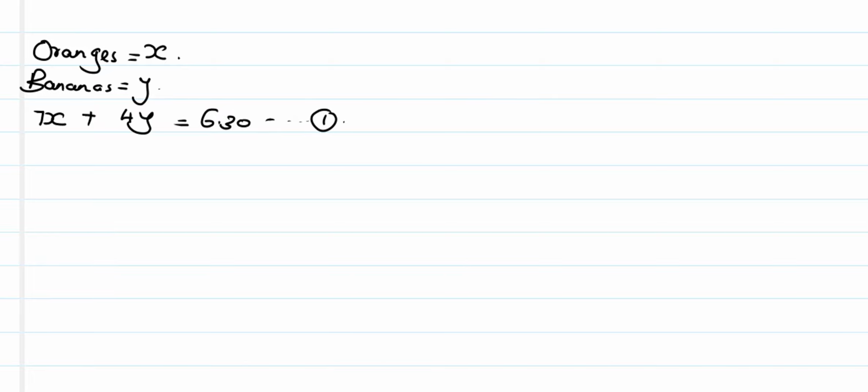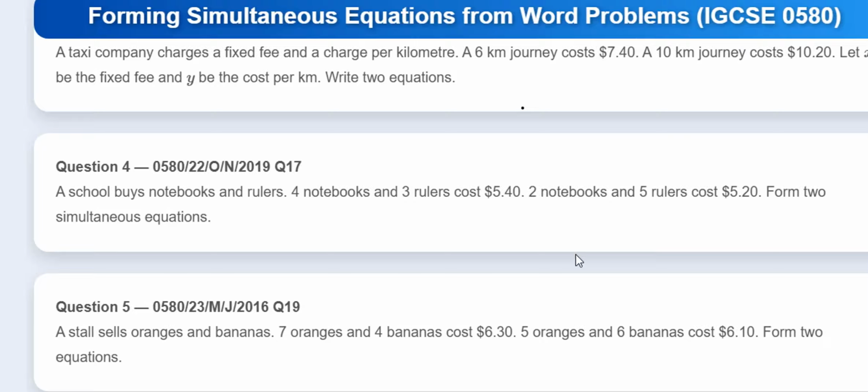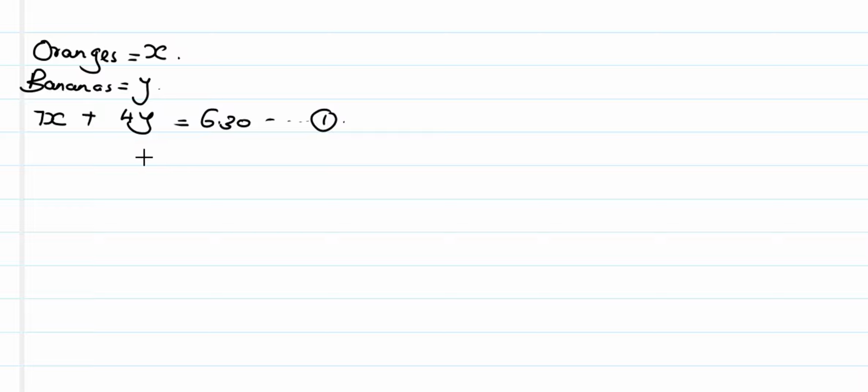And then again, you are told 5 oranges and 6 bananas. We already know oranges are represented by X, so 5 oranges will be 5X.